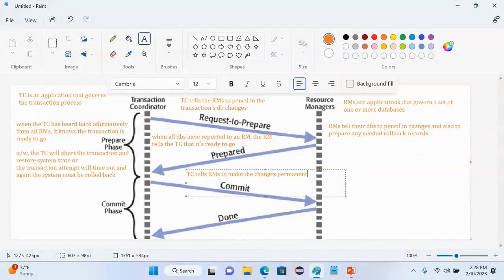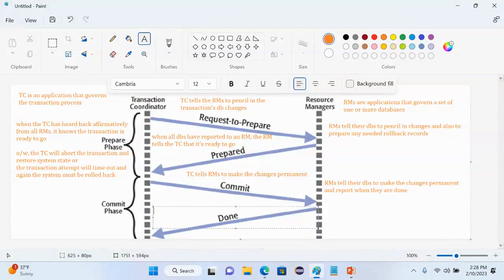Everybody's confirmed that they're ready to do this, so the transaction coordinator says, okay, let's do this. So the resource managers, RMs, tell their databases to make the changes permanent and report when they are done, okay?